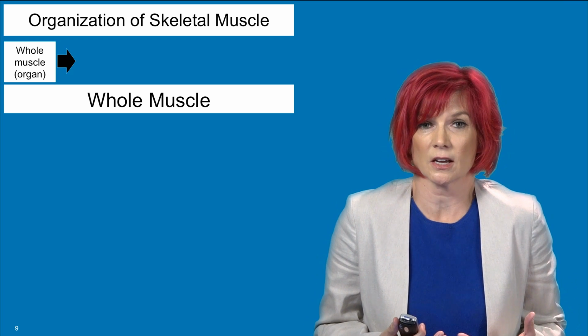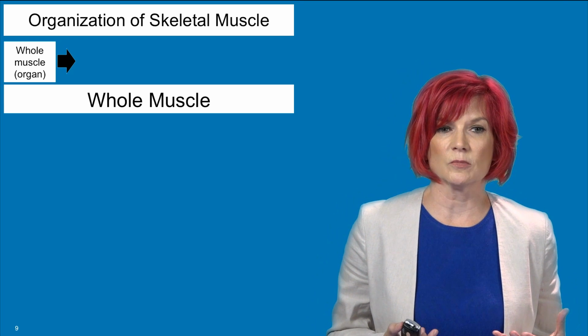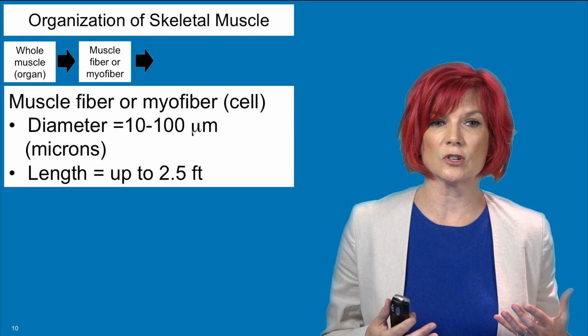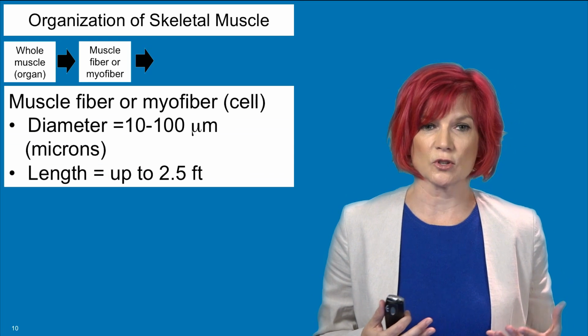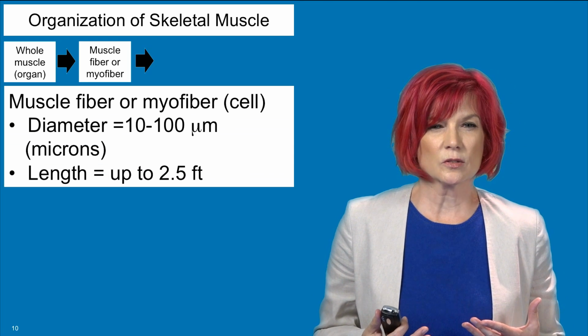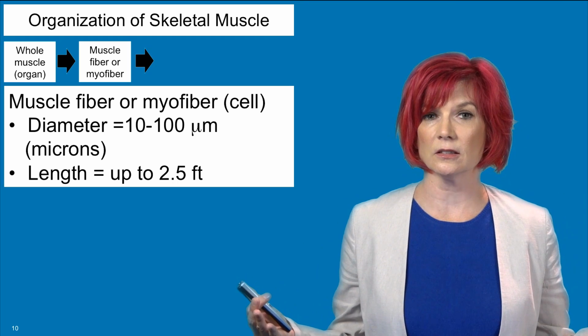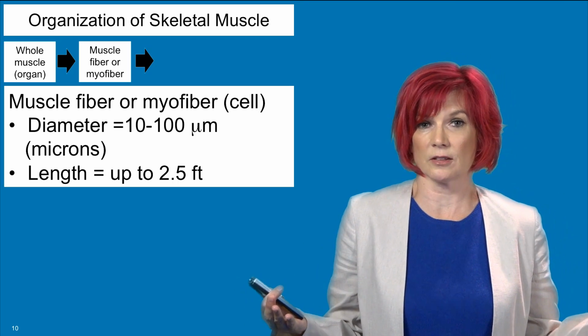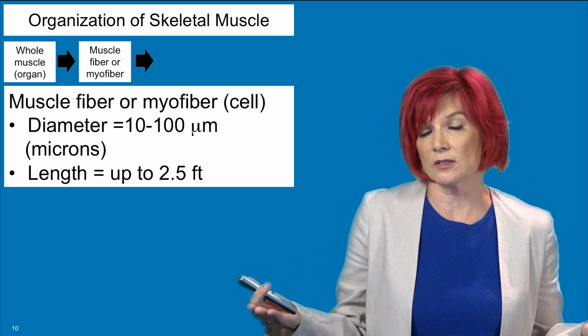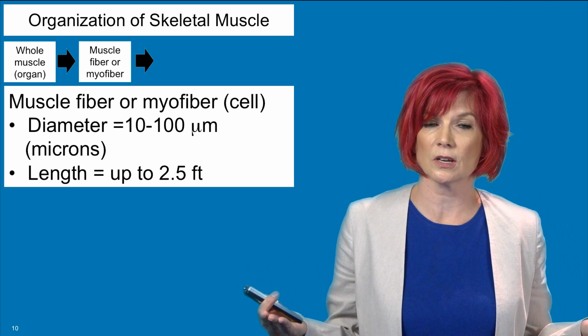which is to contract. The whole skeletal muscle is divided up into individual skeletal muscle fibers, also called myofibers. Those myofibers can really vary in both diameter and in length, depending on the size of the person in the case of patients that we're going to be talking about in our course.